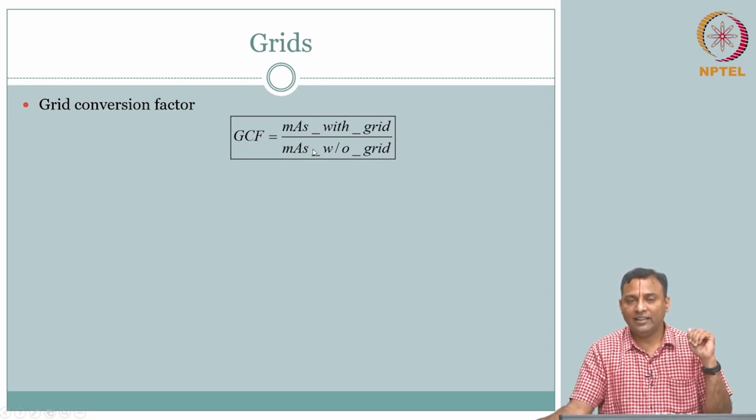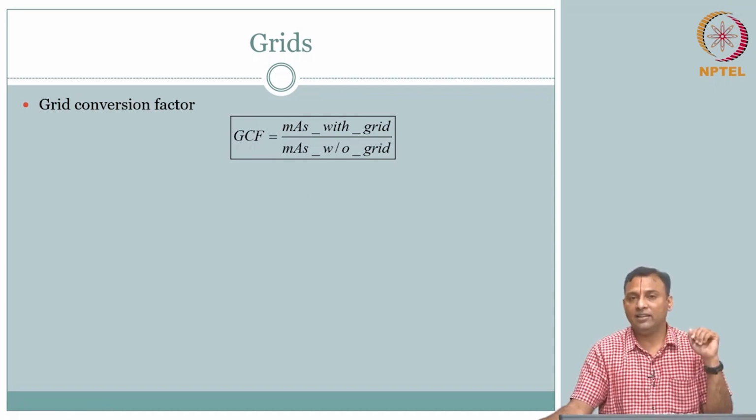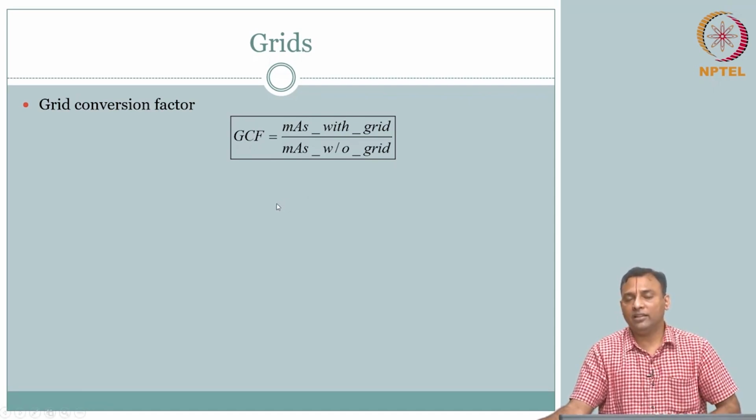What we know already is that if you have the grid, you may want to increase the signal, otherwise you are losing the signal also. So, this grid conversion factor tells you how much you should increase the exposure if you have the grid compared to when you don't have the grid, to compensate for the loss in the signal and of course the reduction in the noise. Typically a grid conversion factor is about 3 to 8.